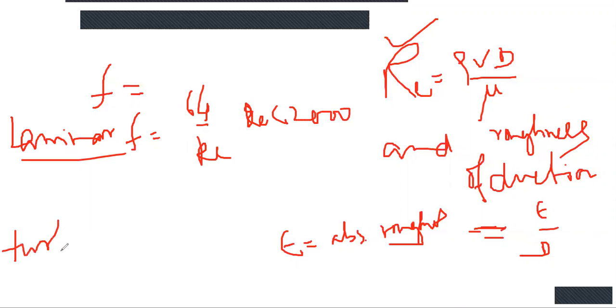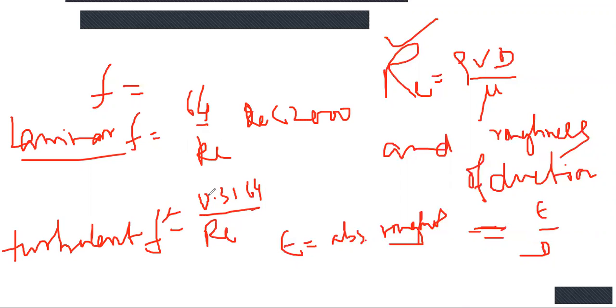Turbulent case: if the flow is turbulent, then the friction factor is 0.3164 by Re to the power 0.25.